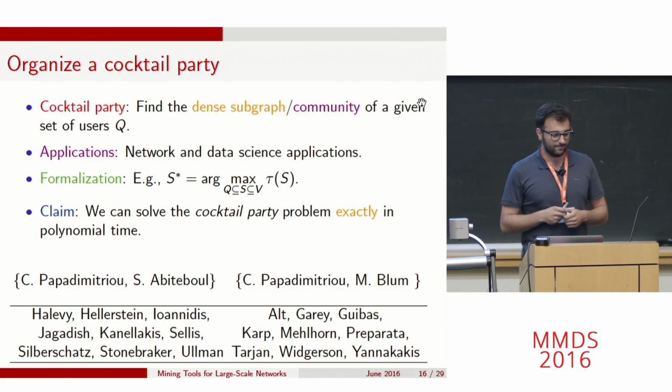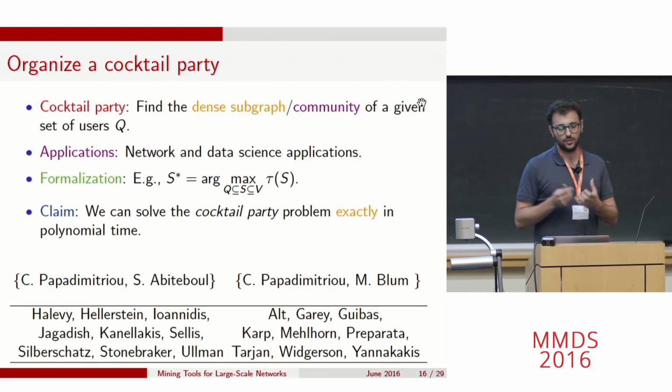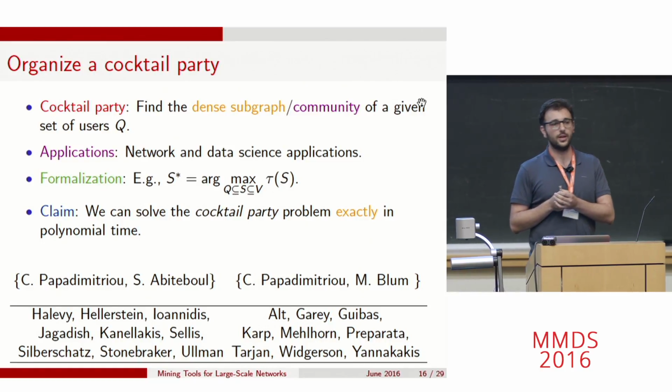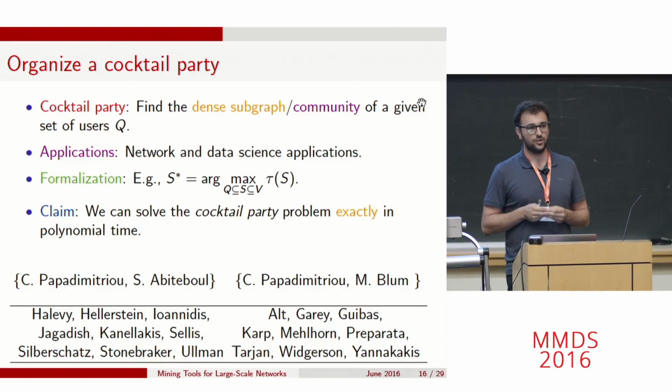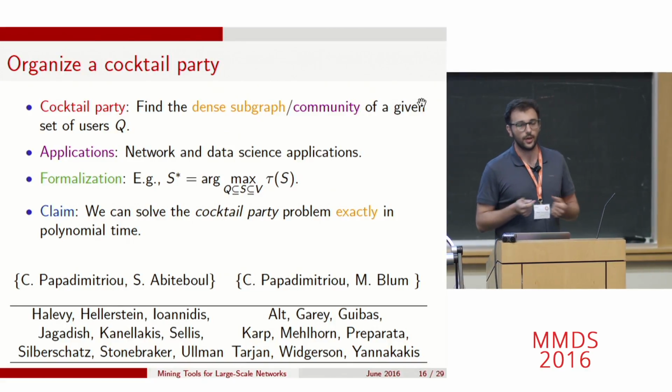One family of applications, especially important in biological applications, is what we call the cocktail party. So suppose that I want to organize a party and I want to invite Jimenk and David. Who else should I invite so that the party would be successful? Okay.